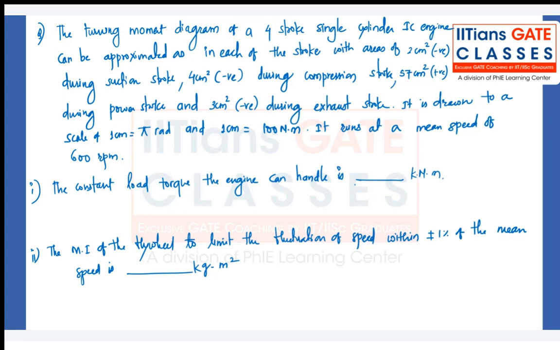The turning moment diagram of a 4-stroke single-cylinder IC engine is approximated with areas given for each stroke. So the first one is the constant load torque. Let me draw this diagram first.